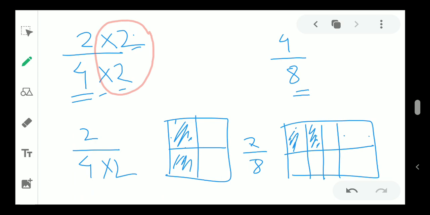Is it the same contribution in both cases? Here you have 8 pieces of work to do and only 2 you have done, and here you have 4 pieces of work to do and only 2 you have done. That means half of your job you have done. So have you done the same contribution?